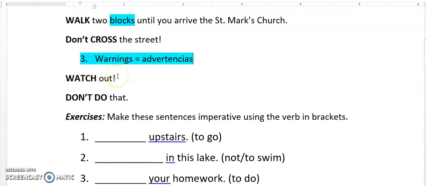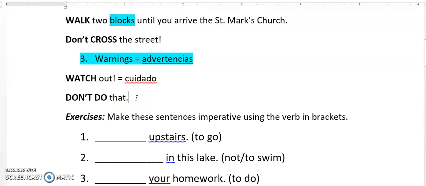Este primer ejemplo es muy usado cuando alguien está en peligro y queremos avisarle. Over here we have watch out. Watch out es cuidado. Si usamos esta expresión, la persona va a pararse, va a quedarse inmóvil.